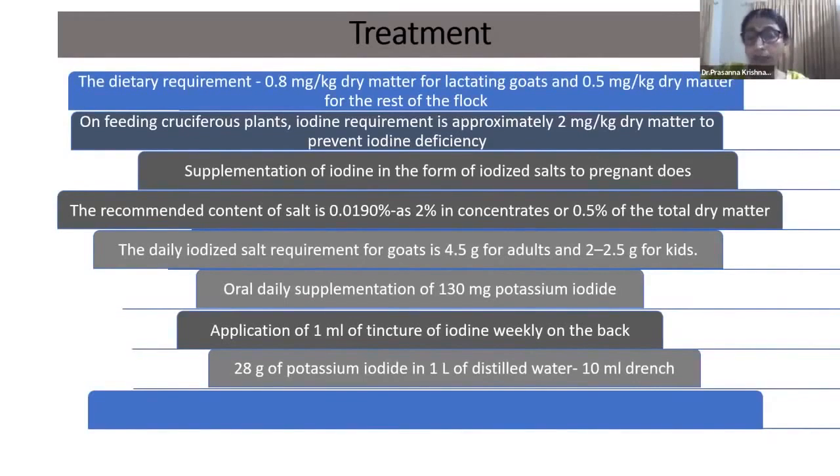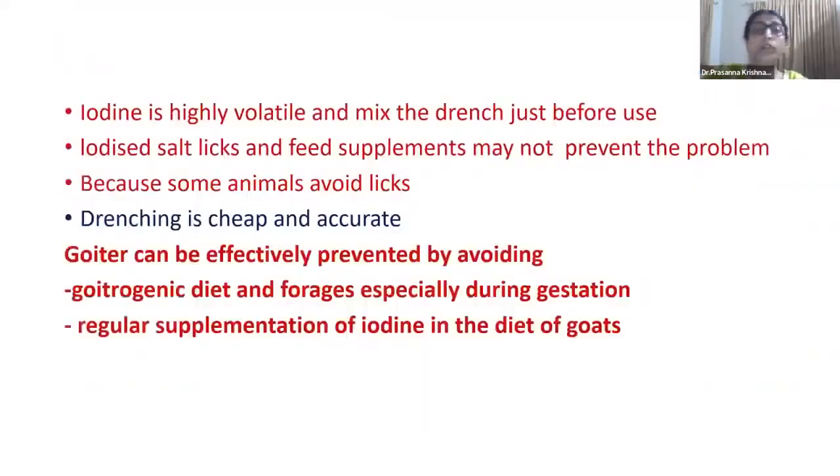So all attempts should be made to supplement iodine in the feed. Another important fact is that it is highly volatile, so we have to mix this iodine just before use. Otherwise, it will disintegrate. You can also give iodized salt licks, but that also gives some problem because all the animals may not lick it uniformly, and some avoid licks. So the best method is drenching.